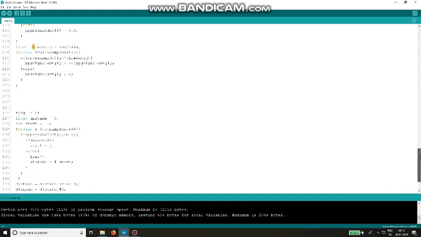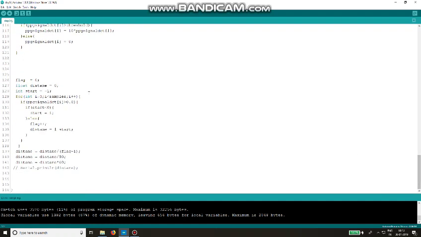Now moving on to calculate the beats. This is the part where we will be calculating the beats. To calculate the beats, we would be storing them in a variable called distance, and we would be starting it from -1. Now we have all the peaks at the ith positions.